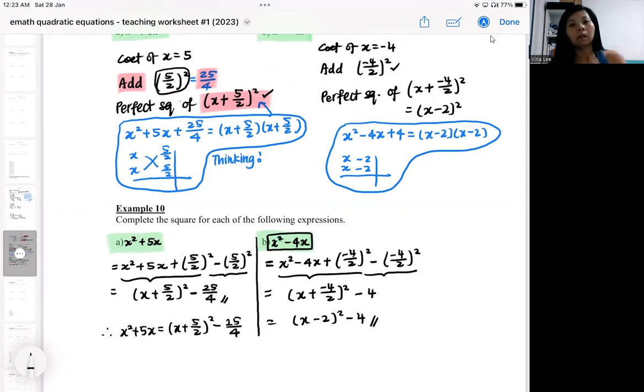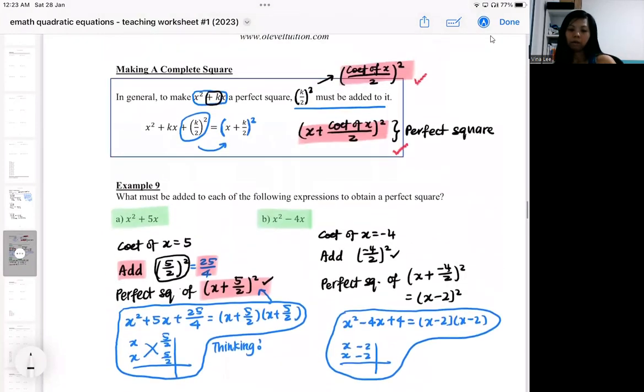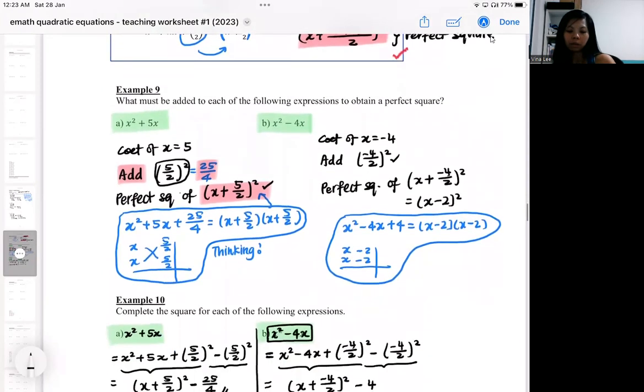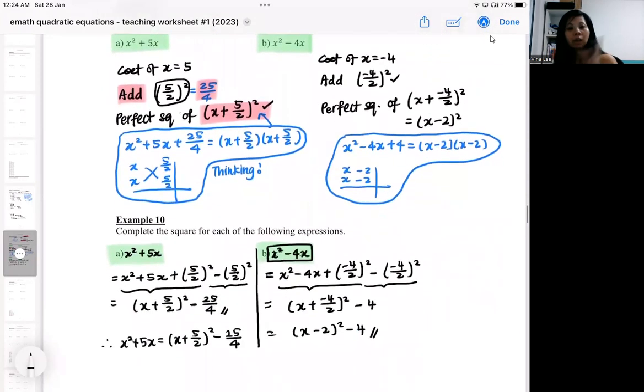Okay, so if they ask you what would you need to add, then you will be adding the coefficient of x over 2, squared. And what is the perfect square that you are going to obtain? But if you need to complete the square for any expression, you have to add something and subtract away the thing that you actually chose to add in.